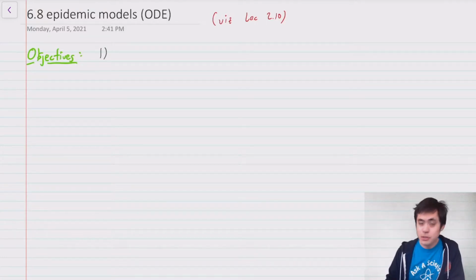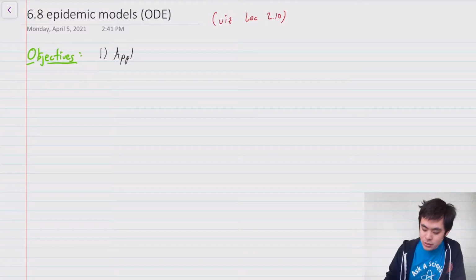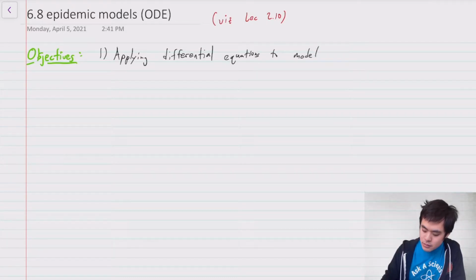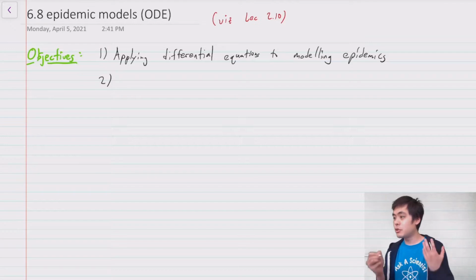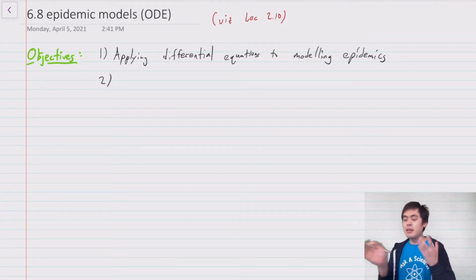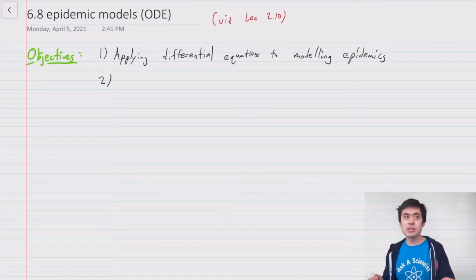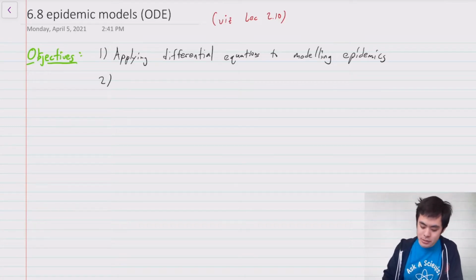The first objective is to apply differential equations to modeling epidemics. Second, we're going to understand how to construct a model. So we're going to be working with a number of different slightly varying compartmentalized models, and we're going to be getting systems of differential equations from a set of assumptions.